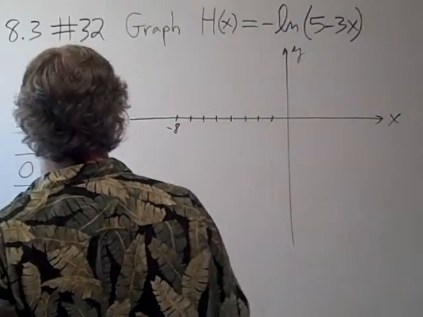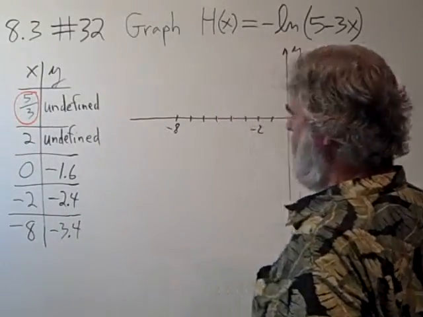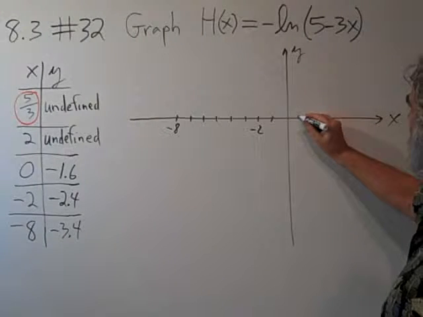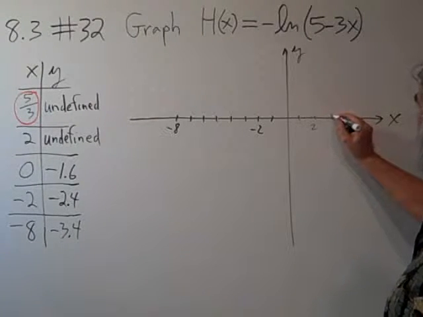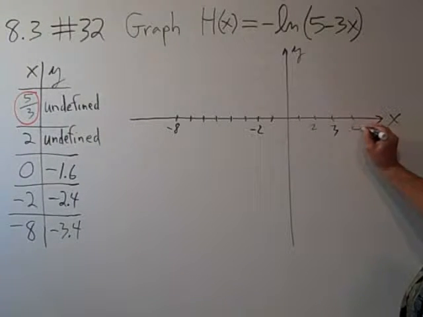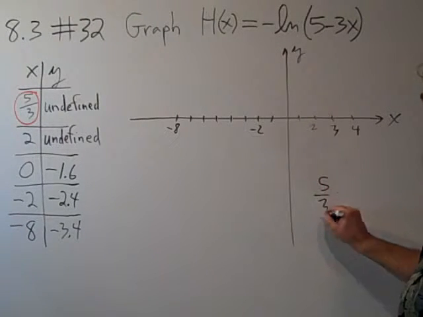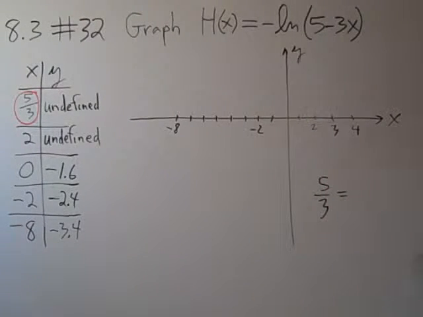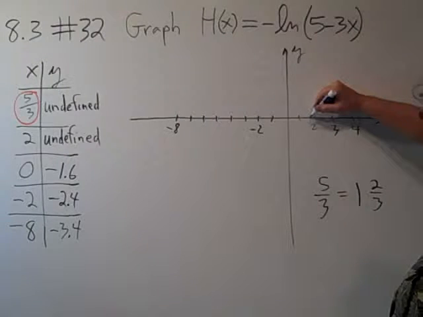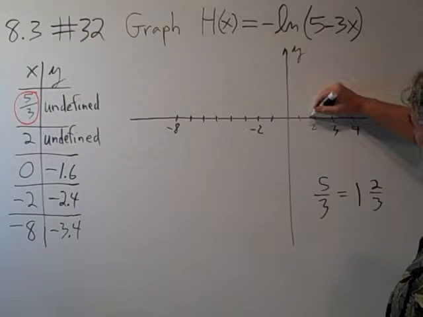There's negative 8. There's negative 2. And here's 1, 2, 3, 4. So 5/3 is equal to 1 and 2/3. So the vertical asymptote for this function is about 1 and 2/3.